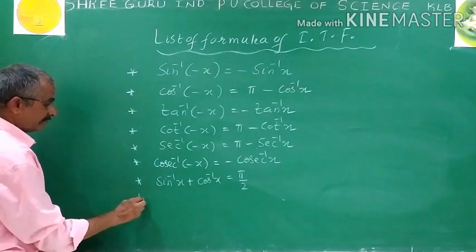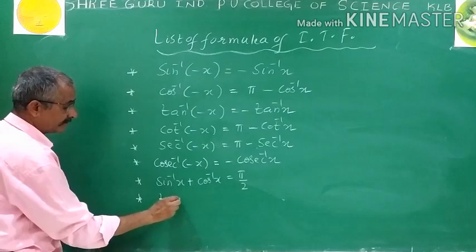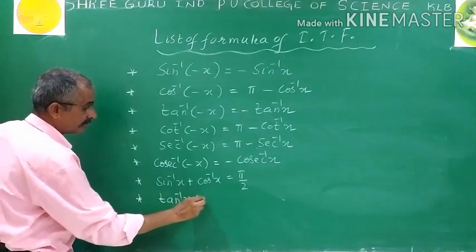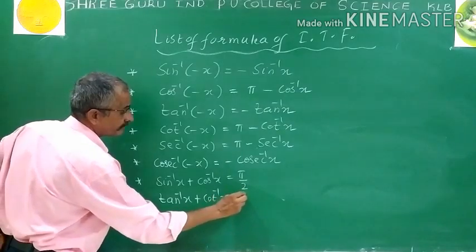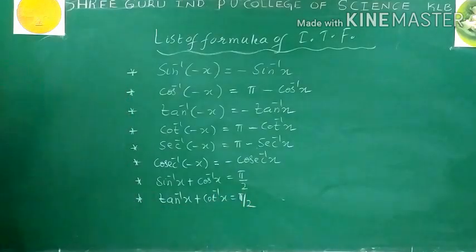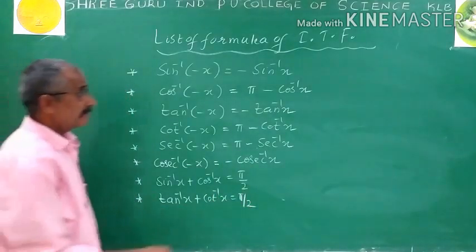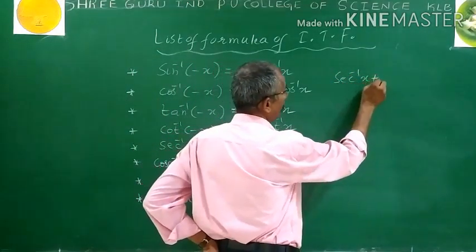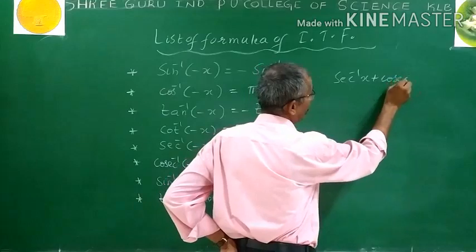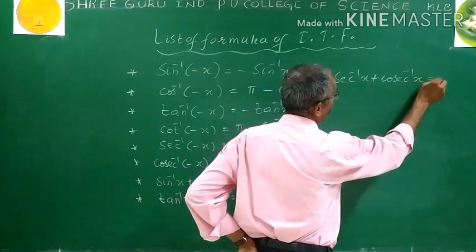Next formula, tan inverse x plus cot inverse x is also equal to pi by 2. Next formula, sec inverse x plus cosec inverse x is also equal to pi by 2.